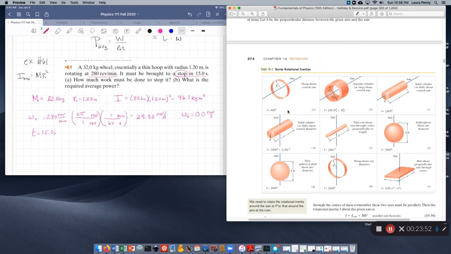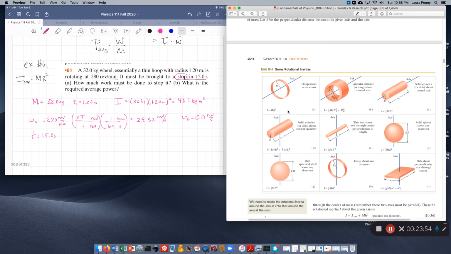How much work must be done to stop it? So what's W net? This is the net, this is delta K. So it's K final minus K initial.